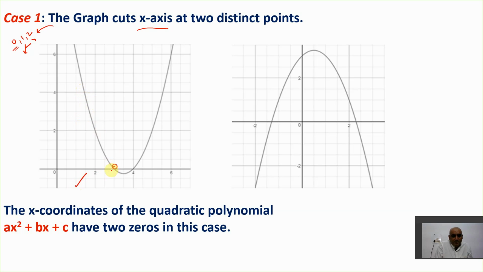There are 2 points here, point number 1 and point number 2. Where do both these points lie? On the x-axis. This is the x-axis, this is the y-axis. So this parabola touches the x-axis at 2 points. That means the degree will become what? 2. I hope you get this point.